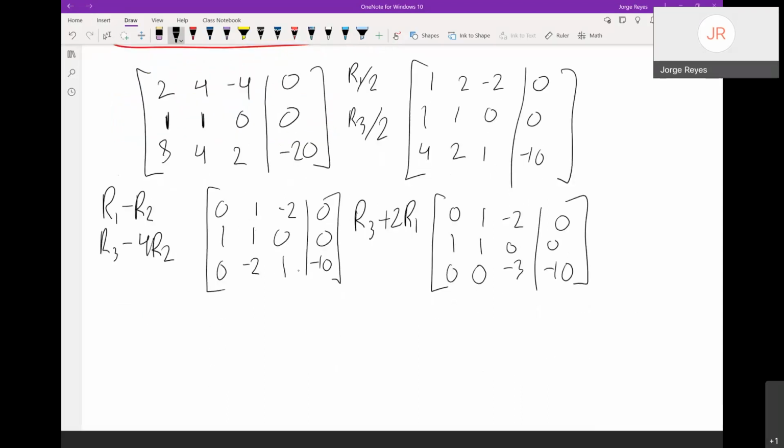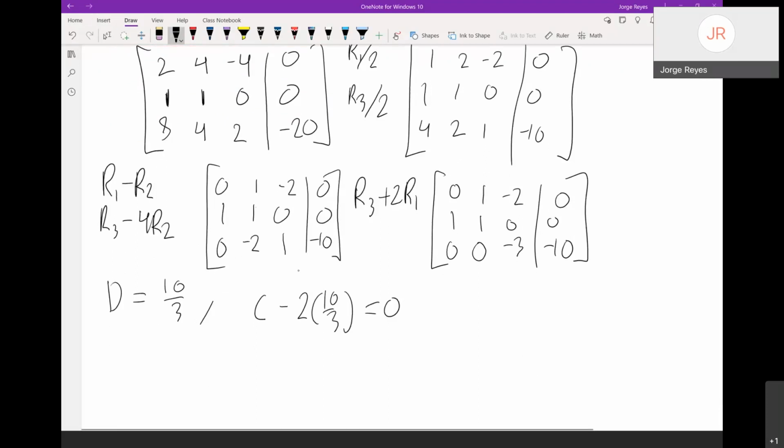Right? D equals 10 over 3. What does that mean? Okay, so that means C minus 2 times 10 over 3 equals 0, which means C equals 20 over 3.